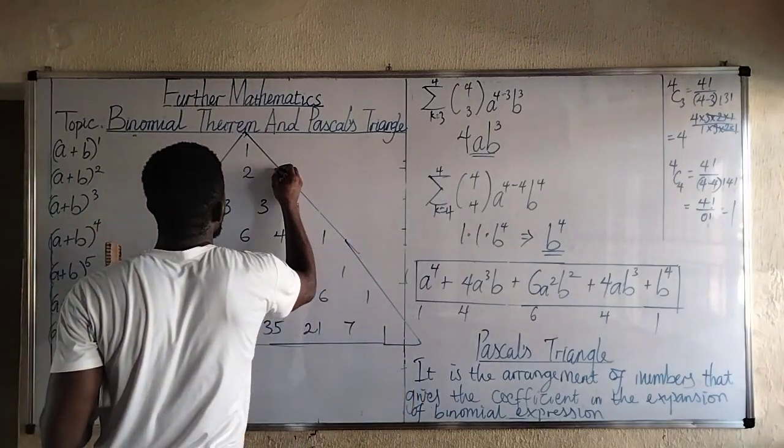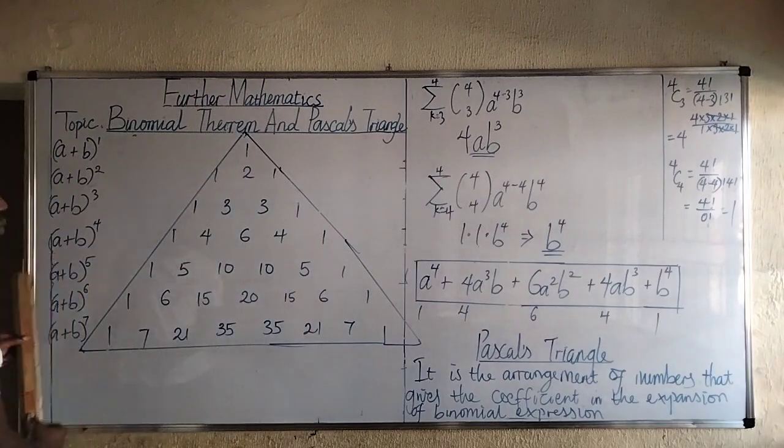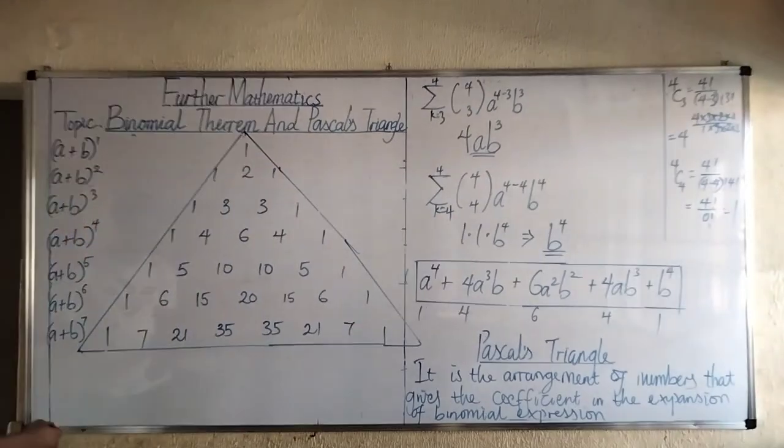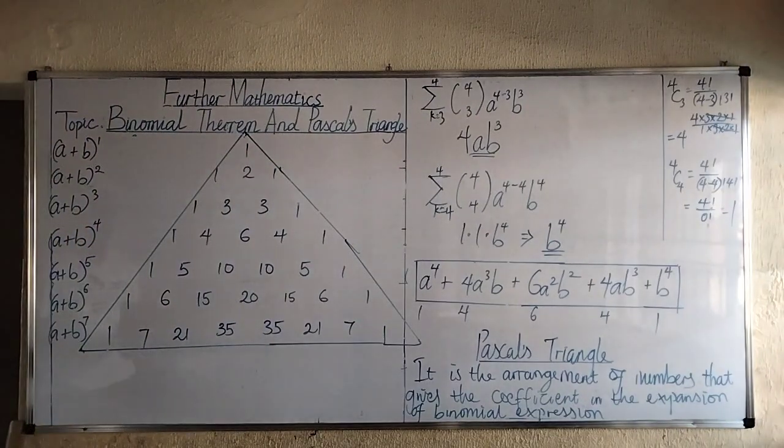So what is the essence of this? This is to enlighten us to know the coefficients that we're going to get whenever we're doing a binomial expansion. Now, if we have (a + b) to the second power, the coefficients of the terms after multiplication will be 1, 2, 1.